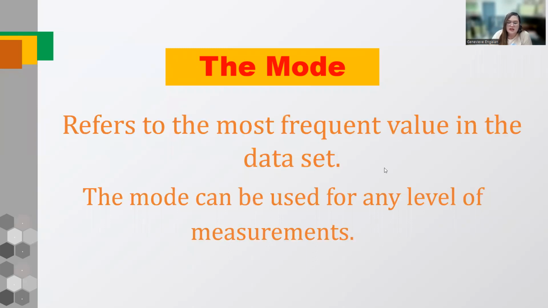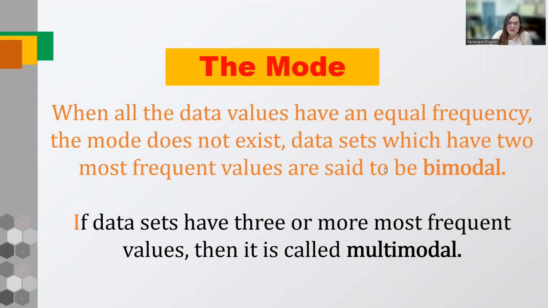When the data values have an equal frequency, the mode does not exist. If there are two most frequent values, it is called bimodal. If there are 3 or more most frequent values, it is called multimodal.